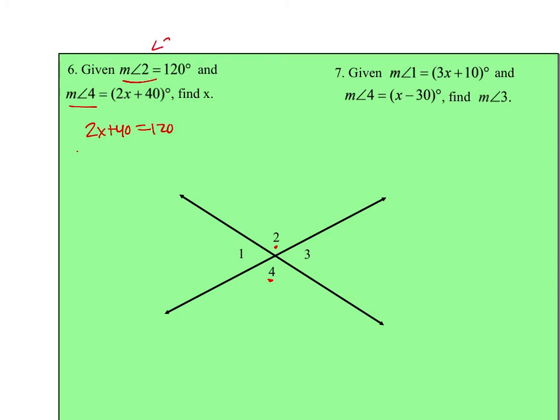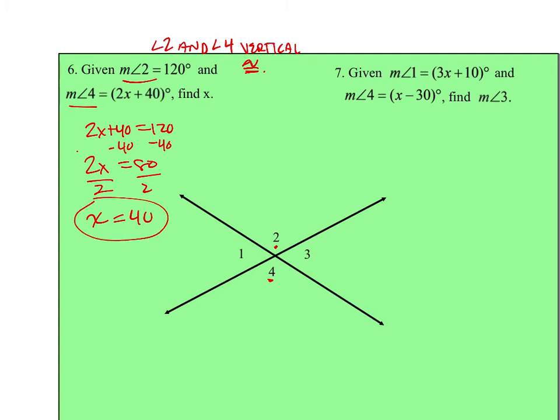Angle 2 and angle 4 are vertical, which means they are congruent. So 2x, subtract 40, a little division by 2, and x is going to be 40. That's all they want. They just want to find x. They're not asking us to do a whole bunch.